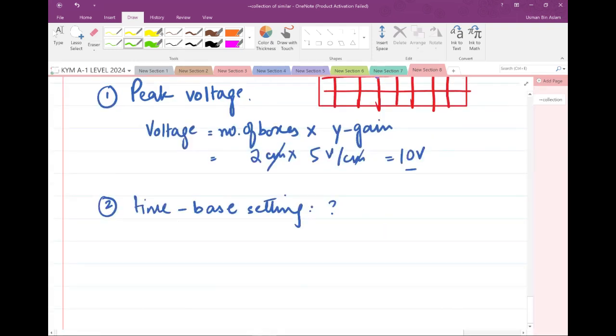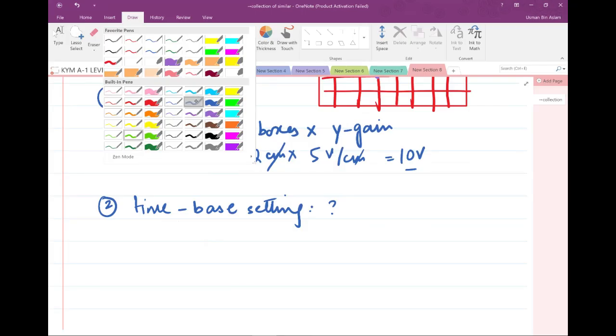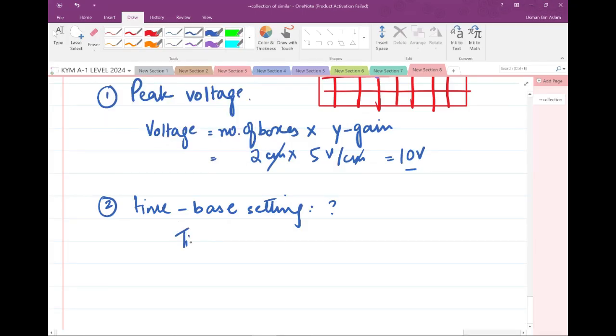From here, we need to find out the time-base setting. So we recall the formula: the time period is equal to the number of boxes, this time horizontally, multiplied by the time-base setting.